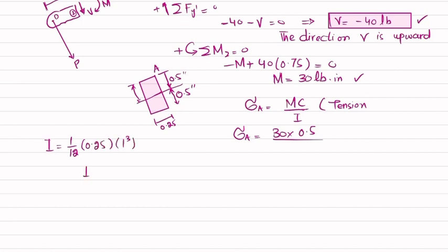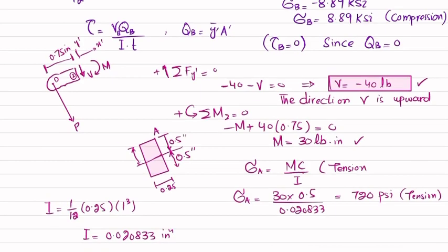So I will be equal to 0.020833 inch to the power 4. So put it over here, and you will get 720 psi, and this will be in tension.